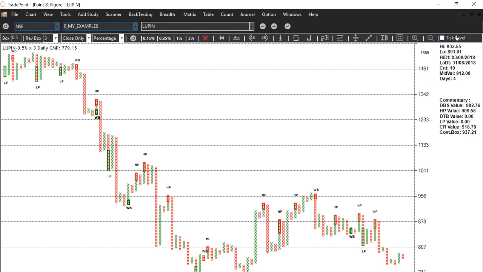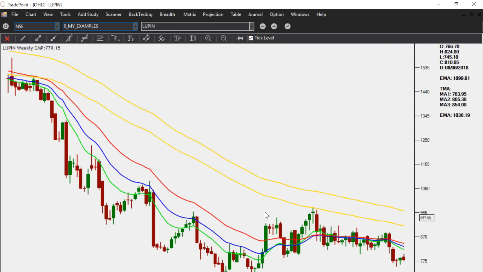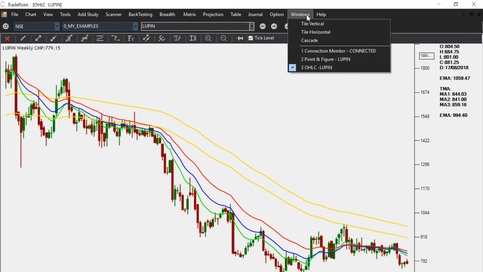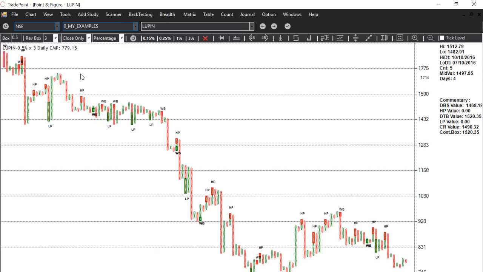Lupin is one of the examples in the downtrend. We see once the price broke below the EMA channel, which happened here around September 2016. From September 2016, we can check. See, we get a lot of bearish patterns.